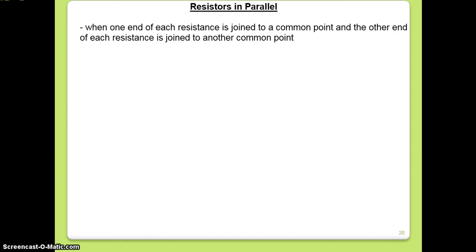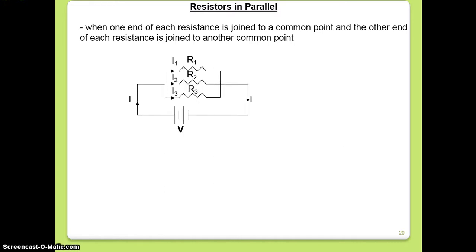Now, coming to resistors in parallel, the connection here is special so that there is a common point or junction always found in parallel networks. So this is an example of parallel connection of three resistors. Now, the point here to be noted is that the total current, when it reaches the junction, this is one of the junctions, it divides into branch currents depending on how many branches are there or how many resistors are there.